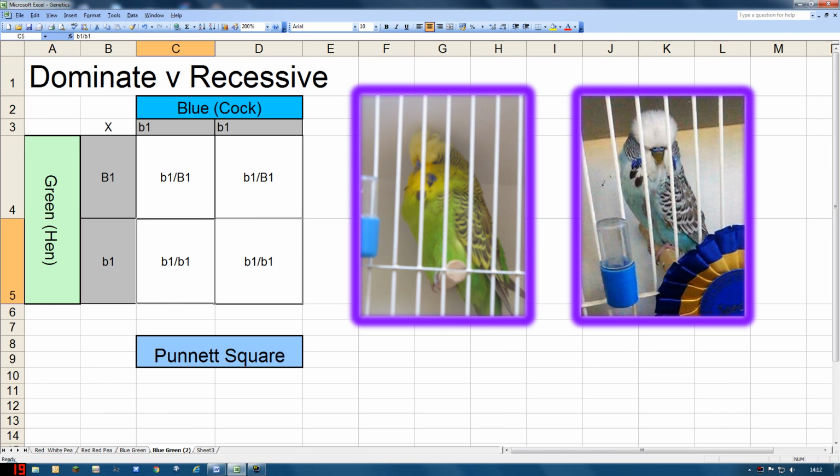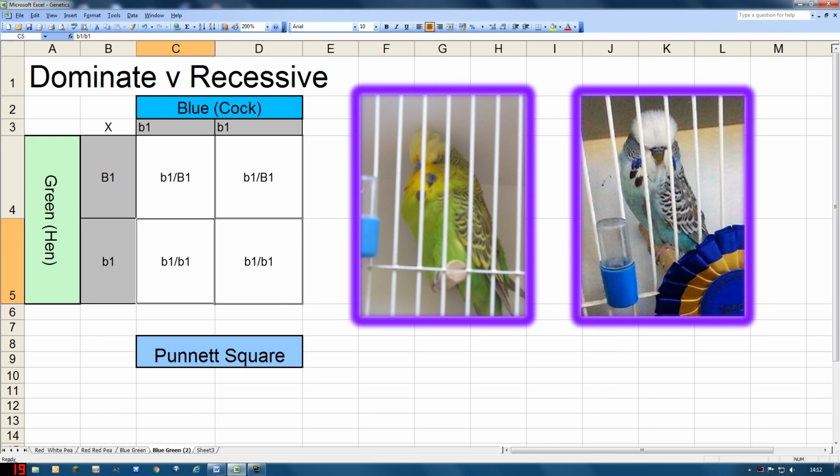So we now know that the green hen in the pairing that produced the lacewing must have been green split for blue, so its phenotype was green with the genotype green split for blue. It still doesn't account for why we produced a lacewing, but it does account for how we got a blue series bird from the particular pairing.